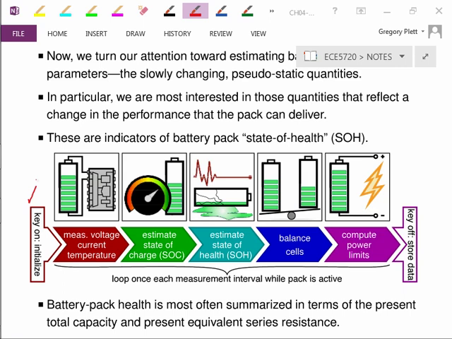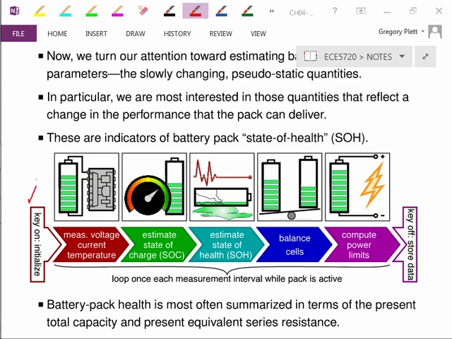Inside the program loop, we are continuously measuring voltage and current and temperature at different points in the battery pack. And we saw methods of doing that back in Chapter 1 of the notes. And we estimate the state of the battery cells.